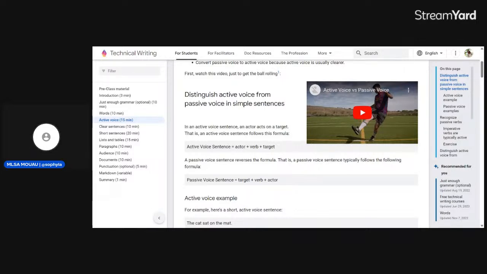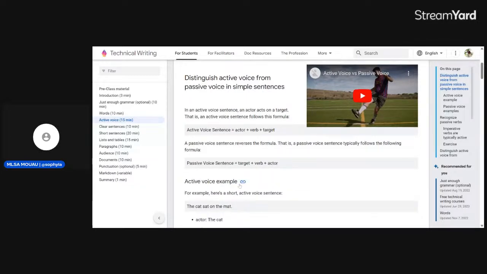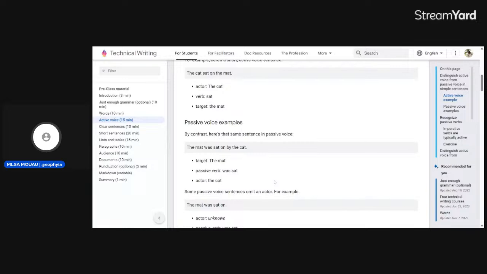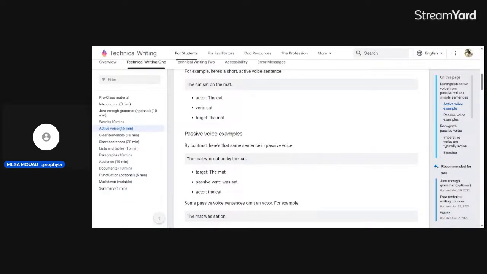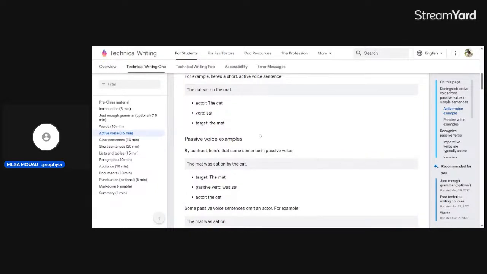So here it says actor plus verb plus target, which helps you define an active voice, and a passive voice is target plus verb plus actor.